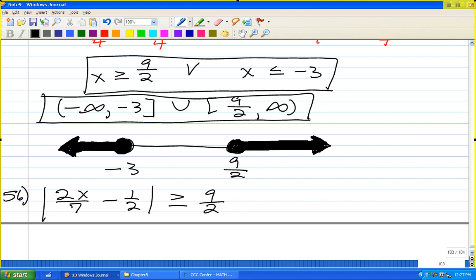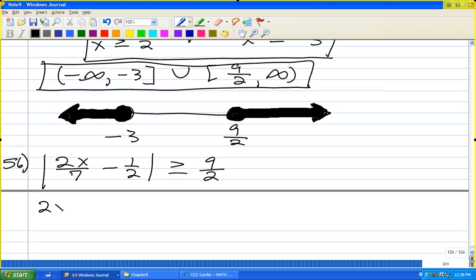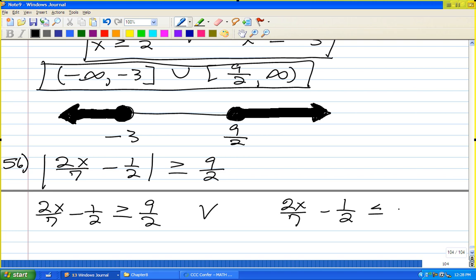And so let me get rid of the absolute value. So I have that 2x over 7 minus 1/2 is greater than or equal to 9/2, or 2x over 7 minus 1/2 is less than or equal to negative 9/2.